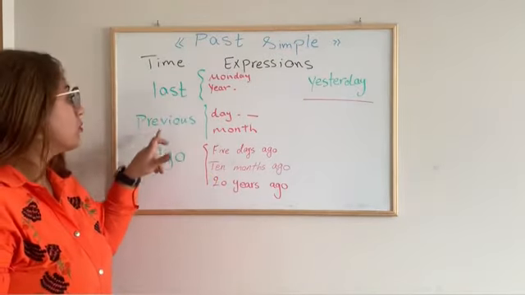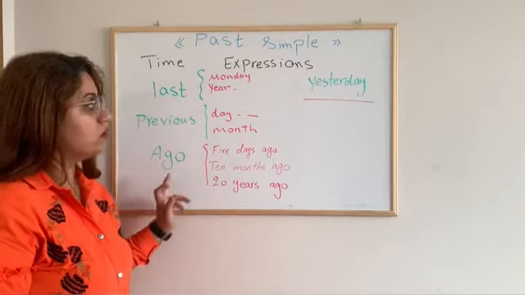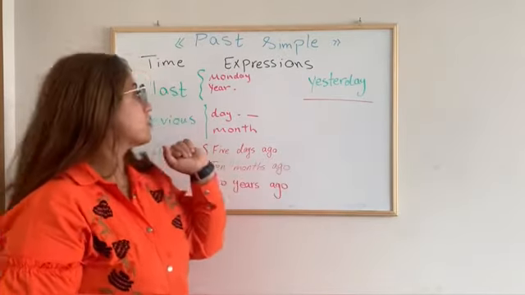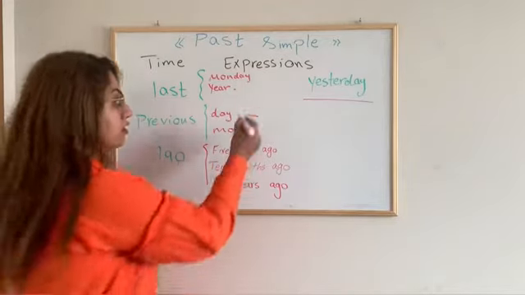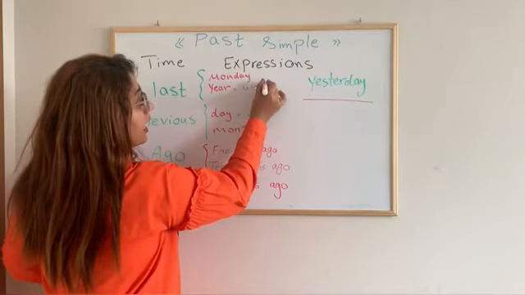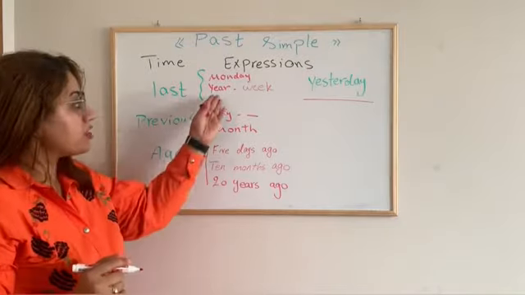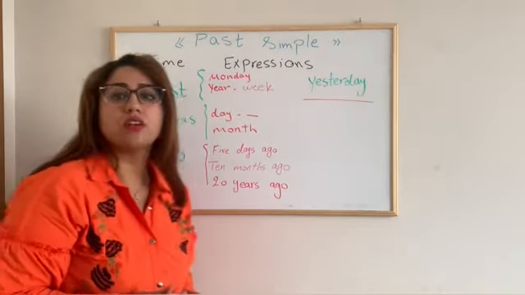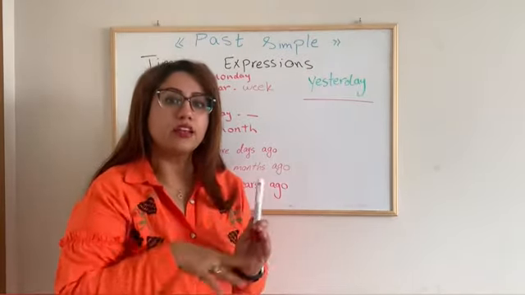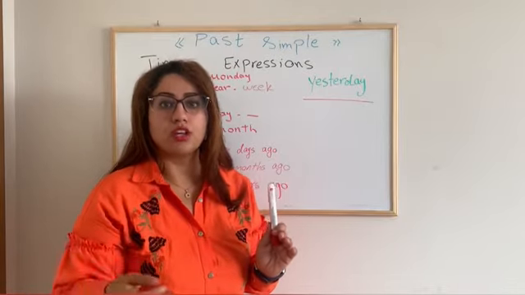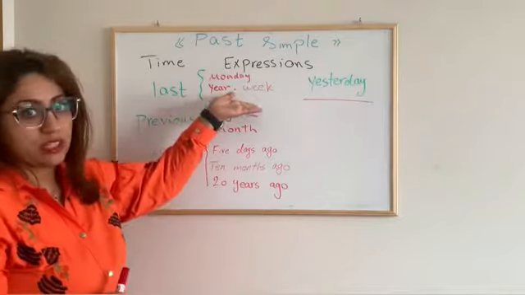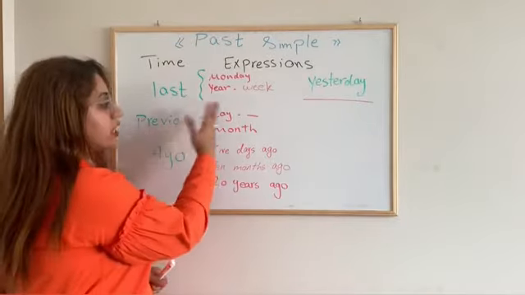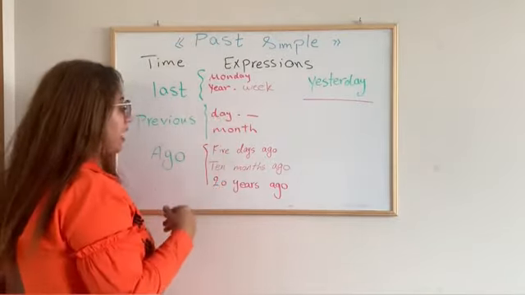Last, previous, ago, and yesterday. For example, last Monday, last week, last Friday, last year, last January. We can add it for any time parts: month, days, weekdays, and also the year. Previous day, previous month, like the last form.